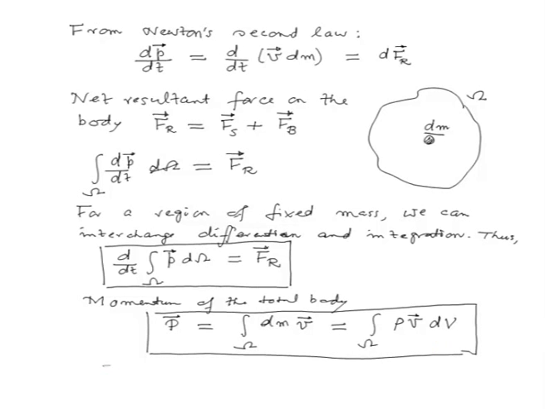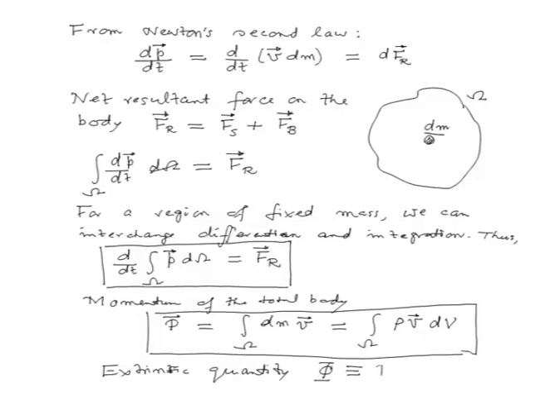Now, if you look at this expression, we can easily identify that extrinsic property or extrinsic quantity, capital Phi, which we use in Reynolds transport theorem.